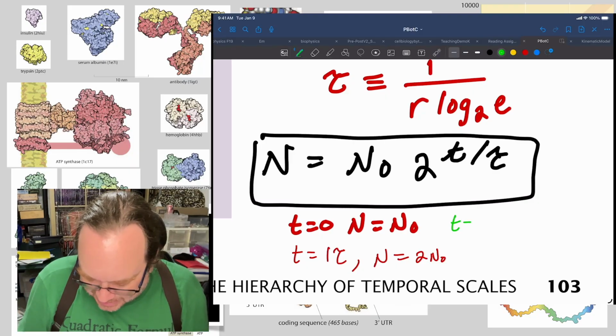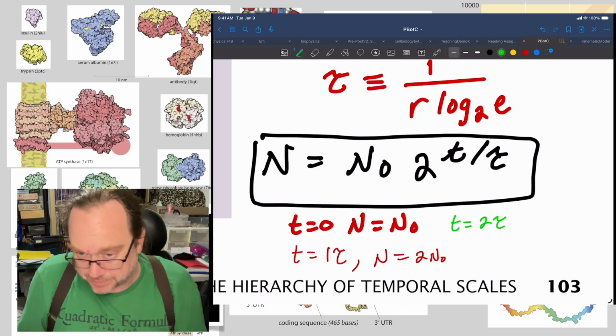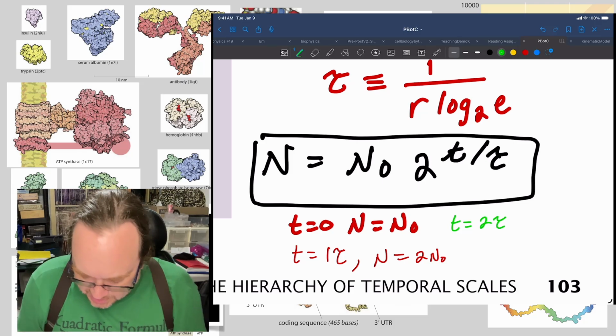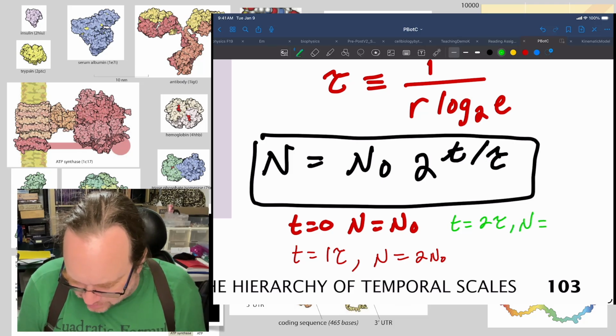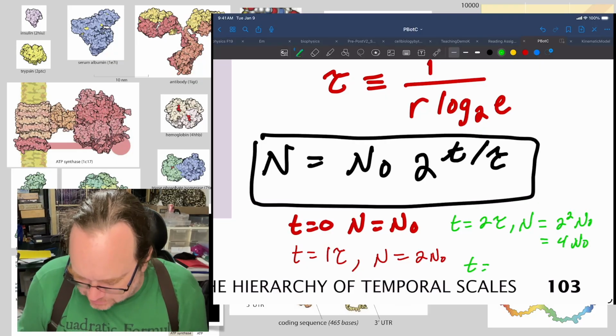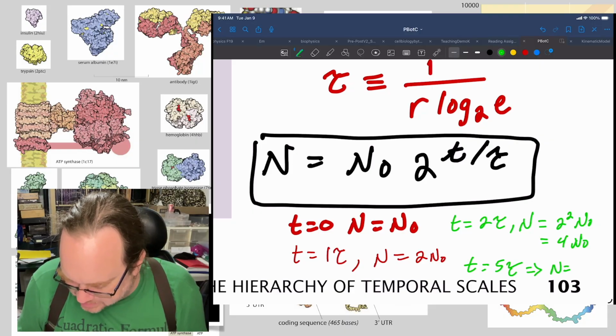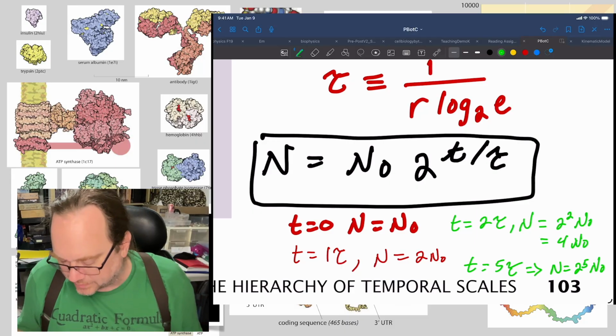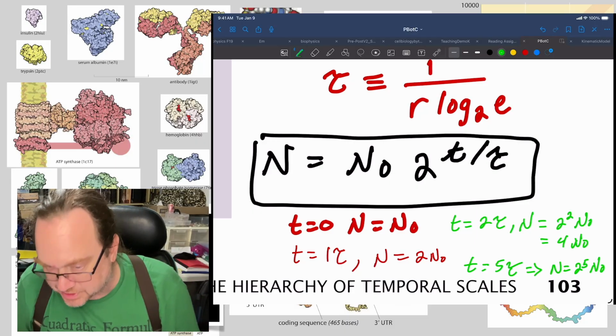Well, let's keep going. Let's say that time is now 2 tau. That should be 2 doubling times. And what we see there is n is now equal to 2 squared n naught, or 4 n naught. If t is equal to 5 tau, that means n is going to equal 2 to the 5th times n naught, and that's going to be 32 times the original population.